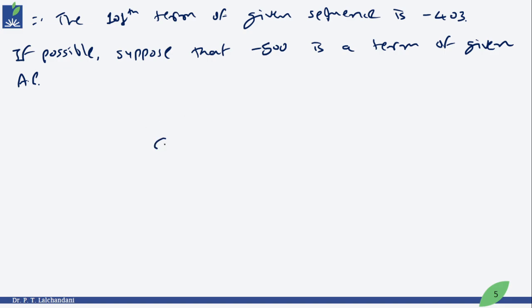That means for some n, an is equal to minus 500, right? If minus 500 is a term of the given arithmetic progression, then there will be some n for which an is equal to minus 500. Now you know the values of n may be 1, 2, 3, 4, 5, and so on. Simply, n is a natural number.